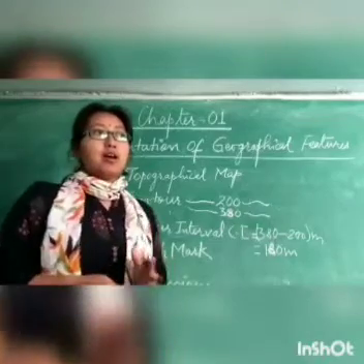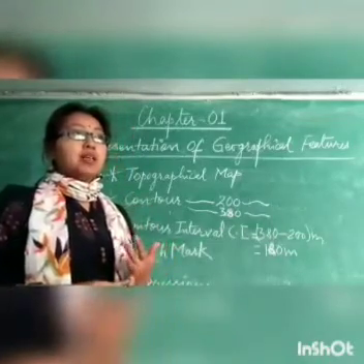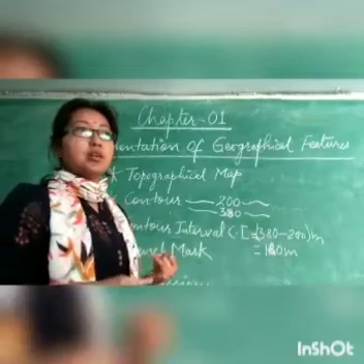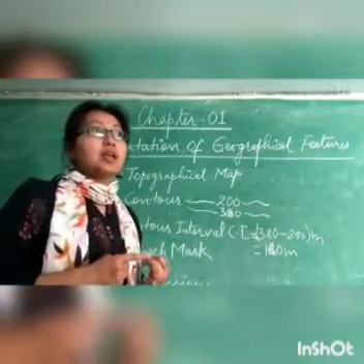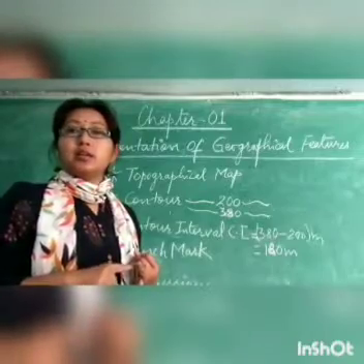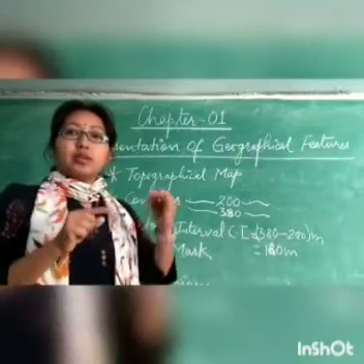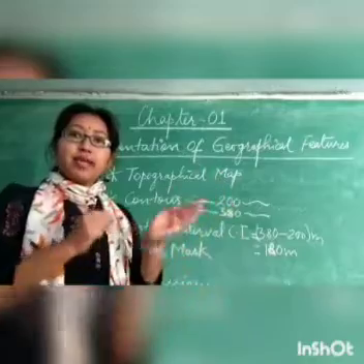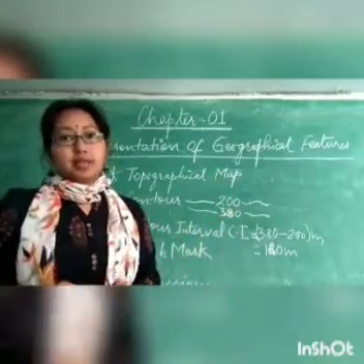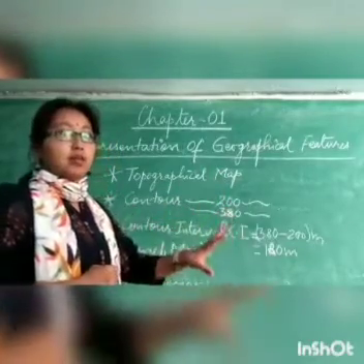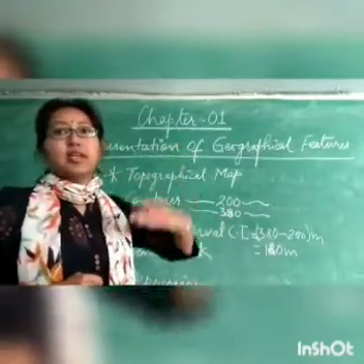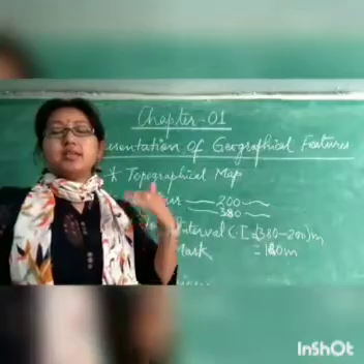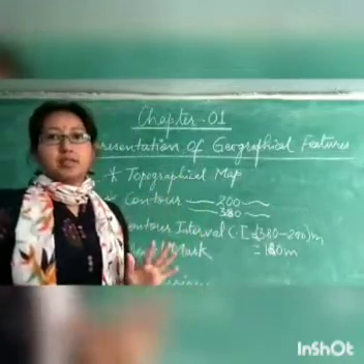Like if there are two contour heights with 100 meter and another one with 50 meter, the CI is 100 minus 50, that is 50 meter, between the 100 meter and 50 meter contour heights, right?